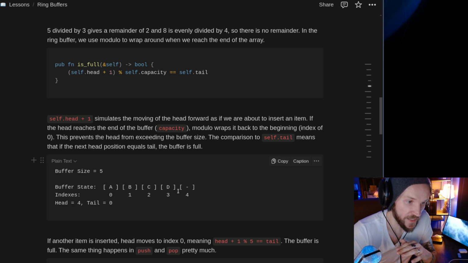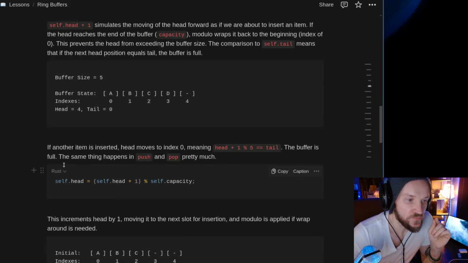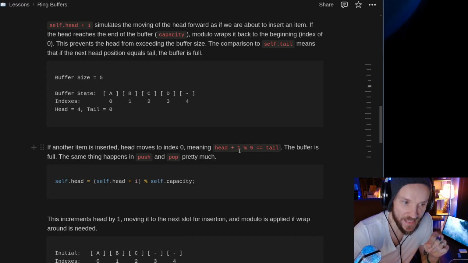We currently have all but one full. So we have head equals 4 and tell equals 0. So how does that happen? Down here you'll see, if another item is inserted, head moves to 0, meaning head plus 1 modulo 5 equals tell, and the buffer's full.